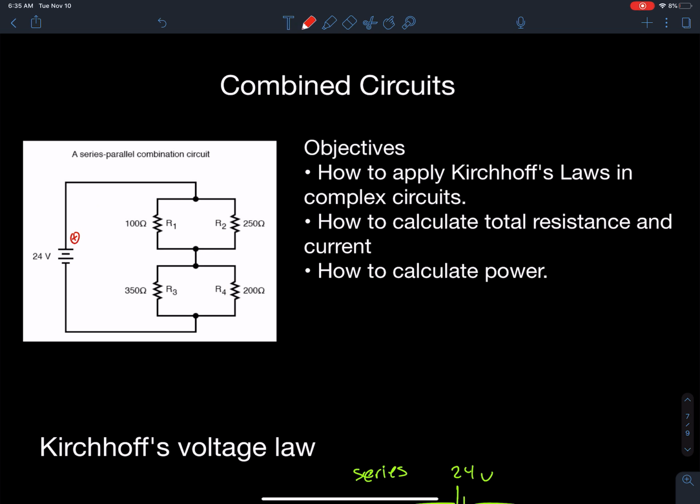And I can't even remember the last one. There's another one it can do. It can do four different paths, okay? So that's the problem here, is we have four different paths that charge can go. And as it's going through those paths, it has to apply Kirchhoff's laws. So how do we try to figure out the current or other factors involved in these circuits?